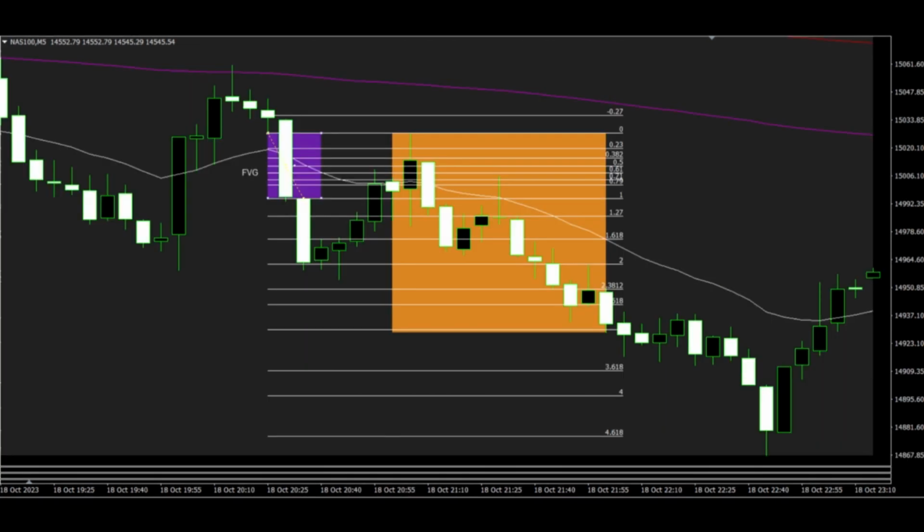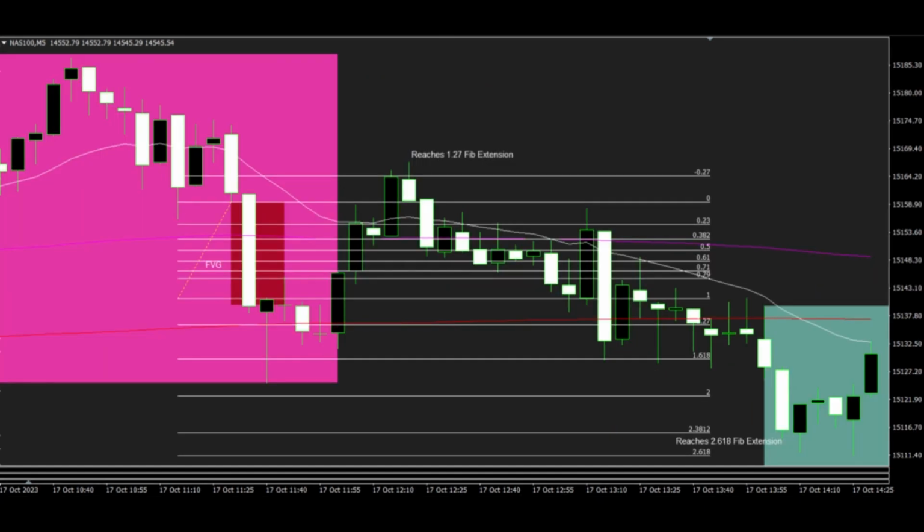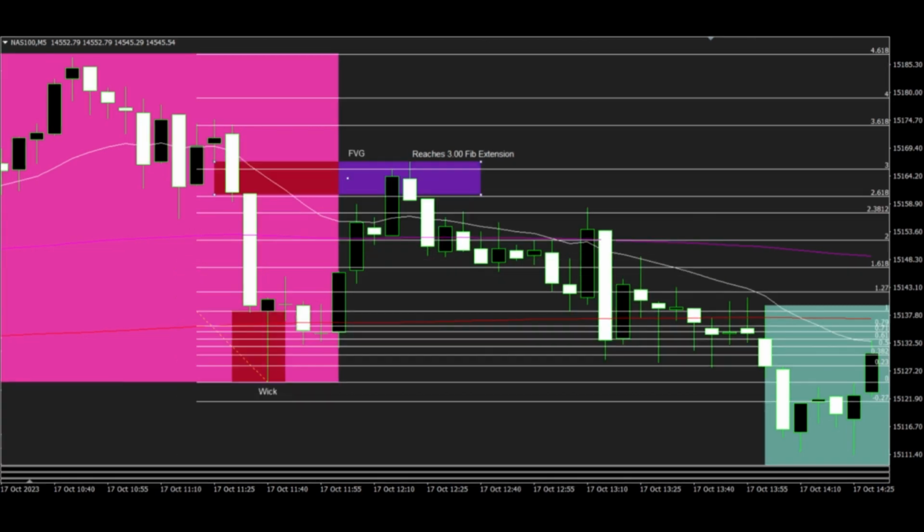Here is another example. The fair value gap is outlined, then an extension is drawn from that fair value gap, and price reaches the 4.618 level, measured from that fair value gap. This measures the wick that was created in the previous session. Price retraced back up to the 3% fib extension from the wick, which coincidentally did not close above the 50% of the previous fair value gap.